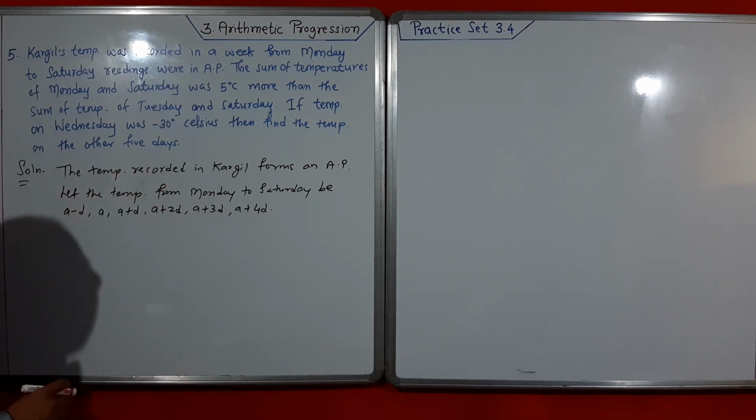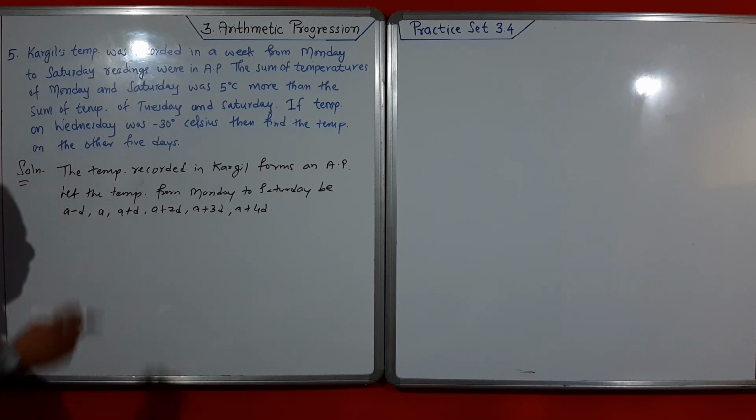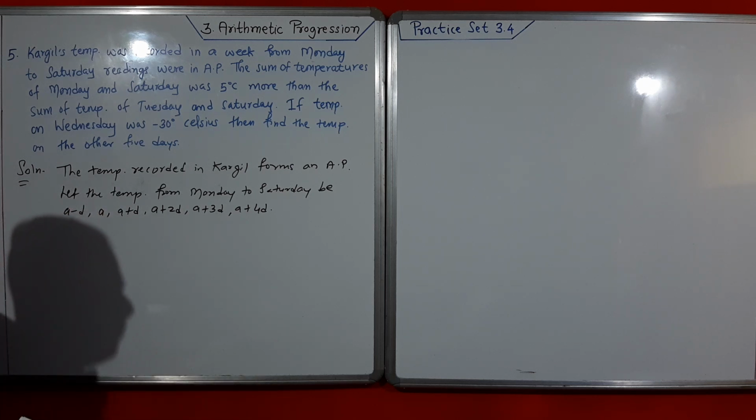Let the temperature from Monday to Saturday be a minus d, a, a plus d, a plus 2d, a plus 3d, and a plus 4d. So we have to consider this. These two things you have to write: the temperature recorded in Kargil forms an AP, and let the temperature from Monday to Saturday be a minus d, a, a plus d, a plus 2d, a plus 3d, a plus 4d. This is the sequence.